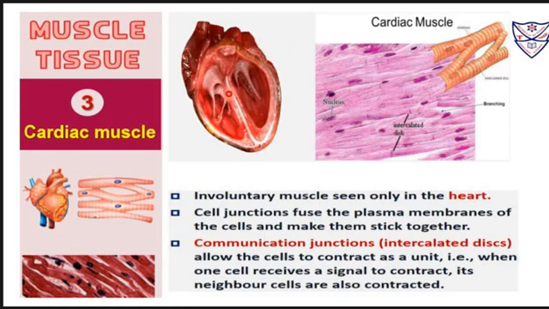The cell junctions fuse the plasma membranes of the cells and make them stick together. So the communication junctions allow the cells to contract as one unit. When one cell receives a signal to contract, its neighboring cell will also contract. This is how our heart pumps the blood around our body.